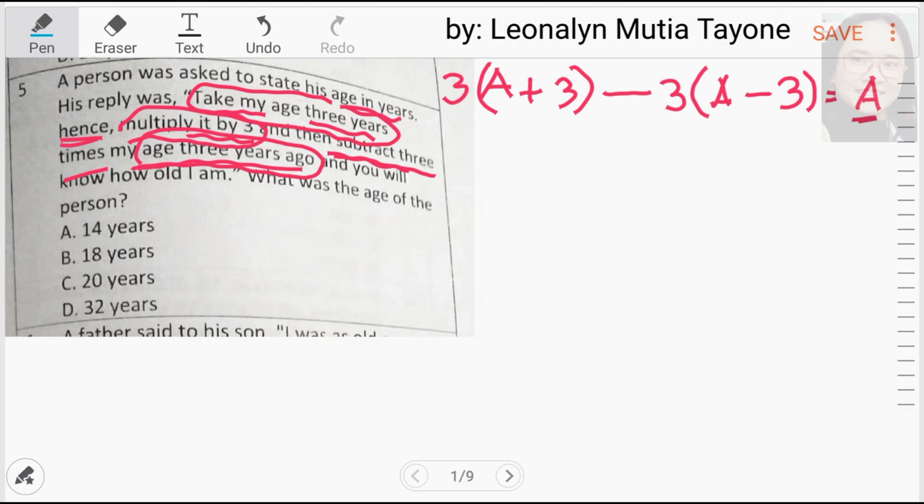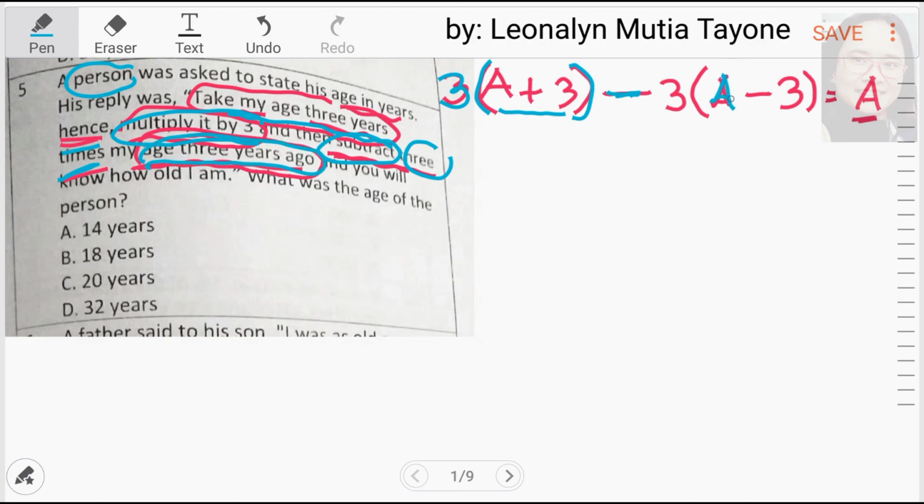Let A be the edad nitong person na to. Take my age 3 years hence, that is A plus 3. Multiply it by 3, kaya close parenthesis yan, i-multiply natin ng 3. And then subtract, so minus, 3 times my age 3 years ago.